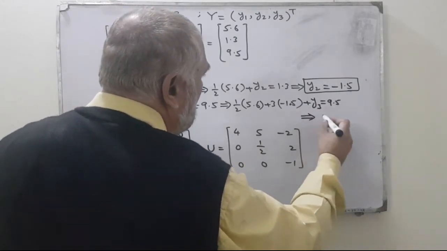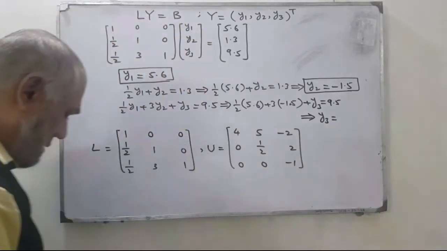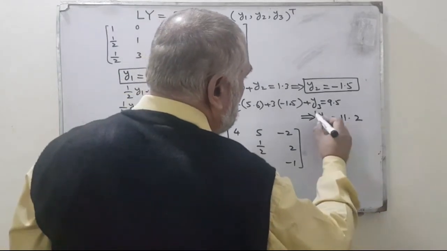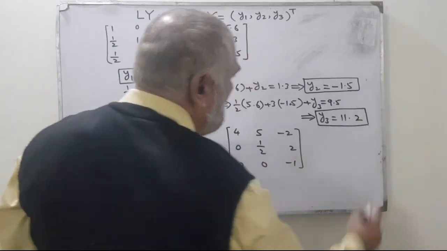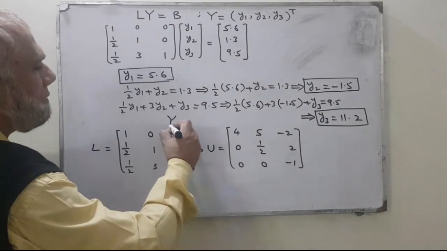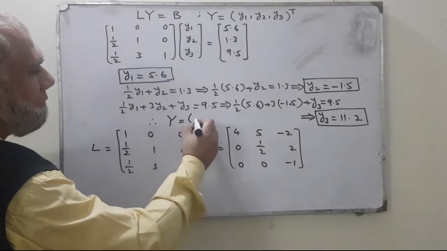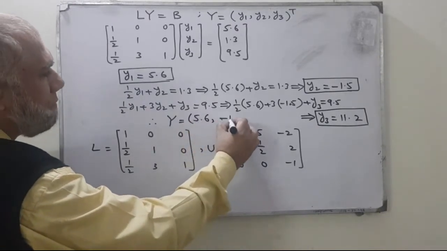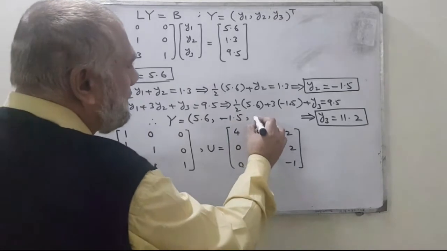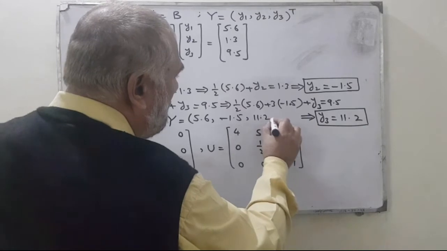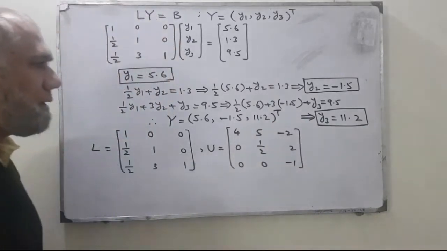And from here, if you simplify for y3, the net result is equal to 11.2. Okay. Now we succeeded in finding y. So y is therefore equal to y1, which is 5.6, y2 is minus 1.5, and y3 is 11.2. So these are the three more unknowns we calculated.